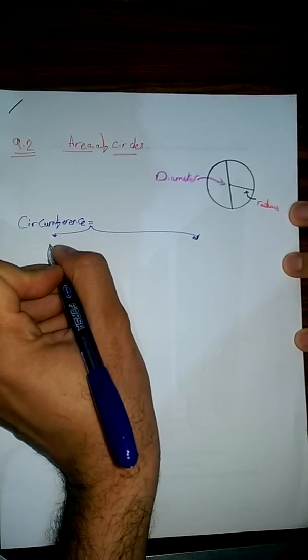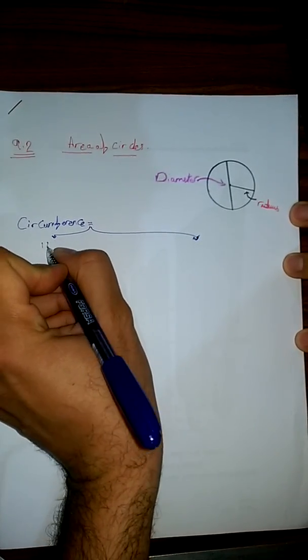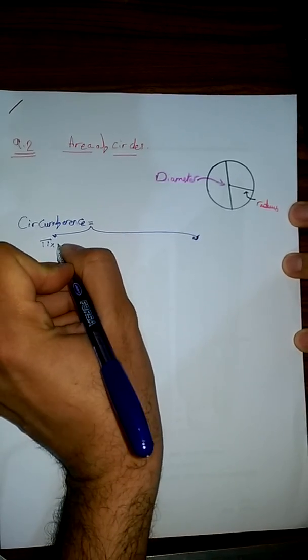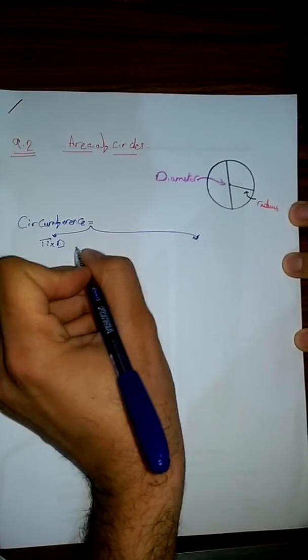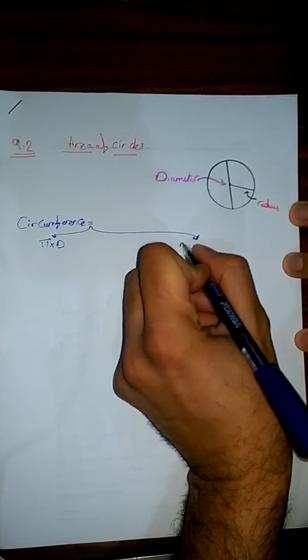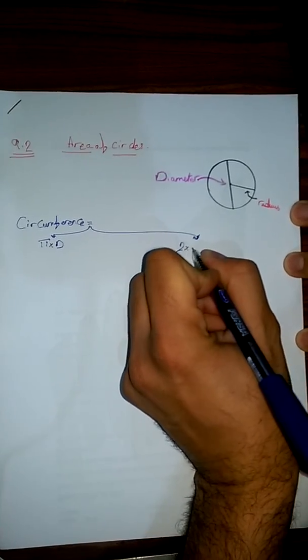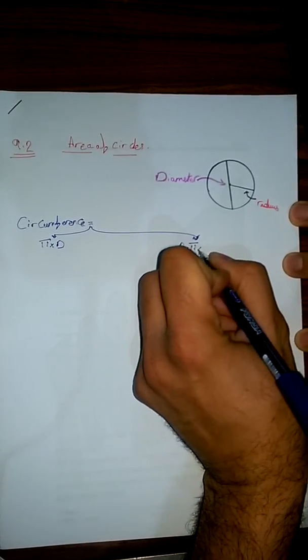Either you can solve it by pi times d if you are given a d, or 2 times pi times r.